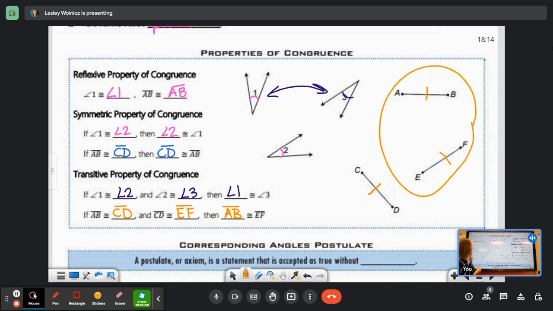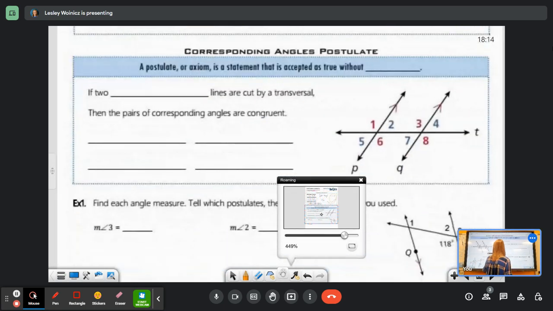So these two also have to be congruent. That's all we're saying. I gave you examples with angles and segments because that's what we're going to be using the most, but it can work on triangles and stuff too. So any figure you can use these on if you have congruent figures. Okay. Well, duh.